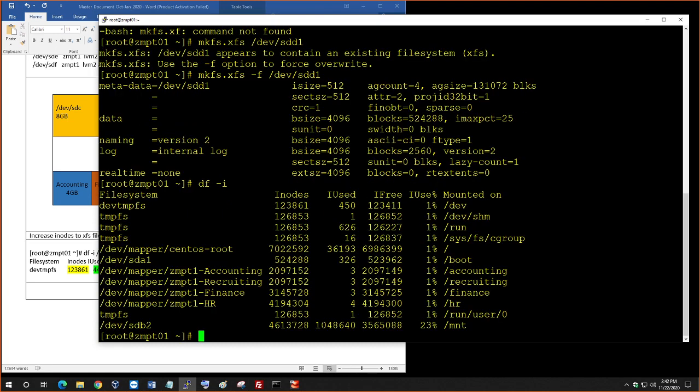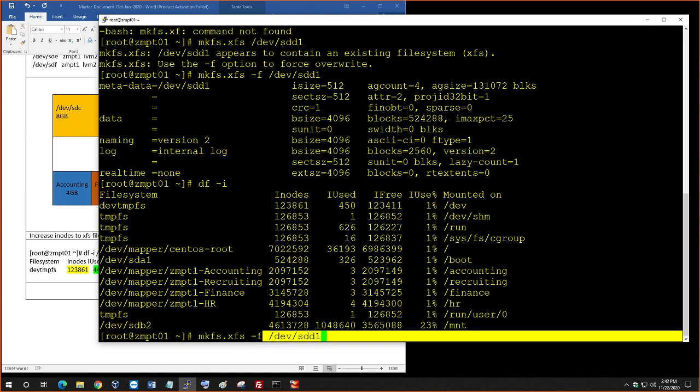df -i, and let's look at /dev/sdd. So it's not showing here because it's not mounted. So what I'm going to do is df -i /dev/sdd1.